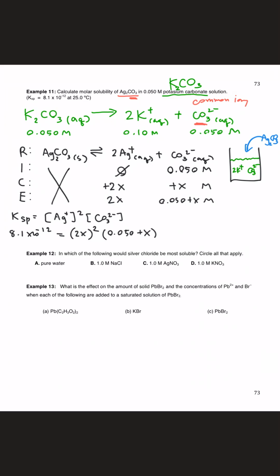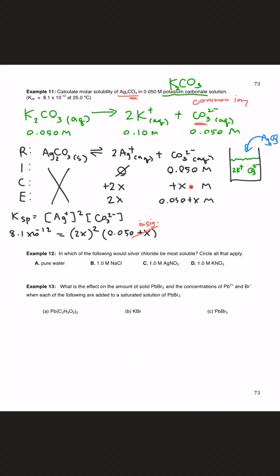Again, if you distribute all of this into the parentheses, you will eventually need to use the quadratic equation to help you solve for x. Therefore, in this case, I'm going to ignore the plus x because the plus x is insignificant compared to 0.05, the initial concentration. The reason for that is because potassium carbonate is completely dissociated, so everything that potassium carbonate has dissociates into ions. But the carbonate in silver carbonate is only partially dissociated.